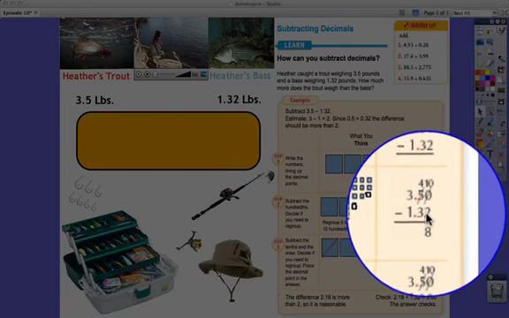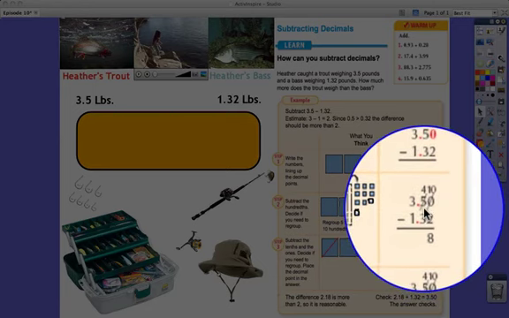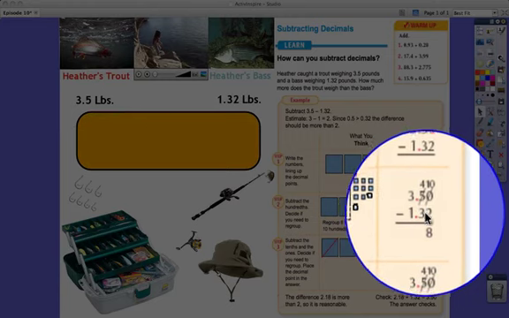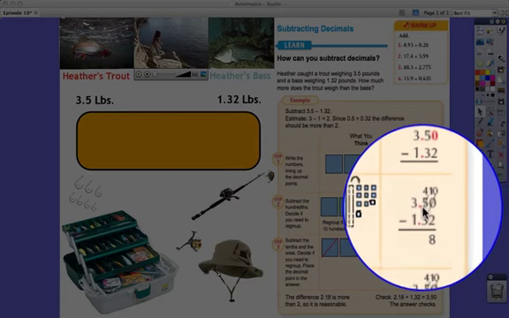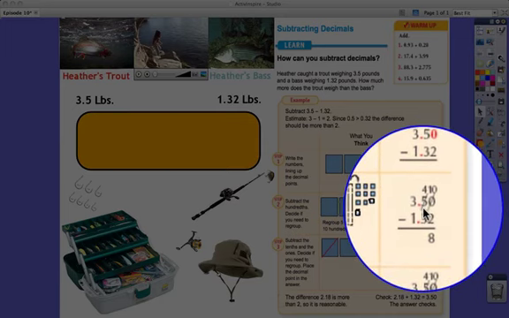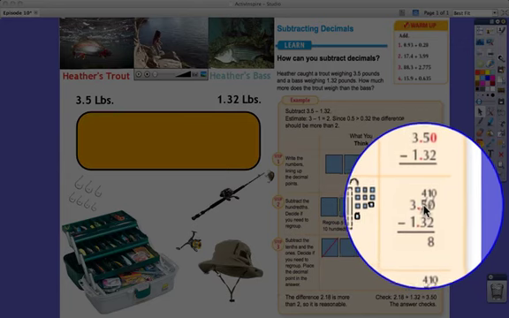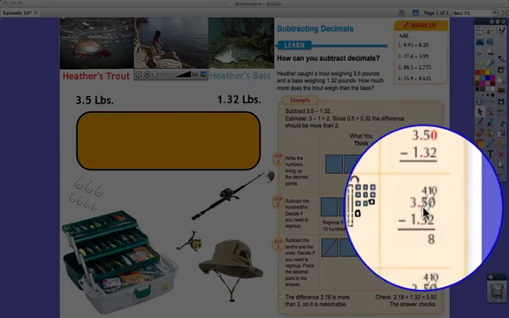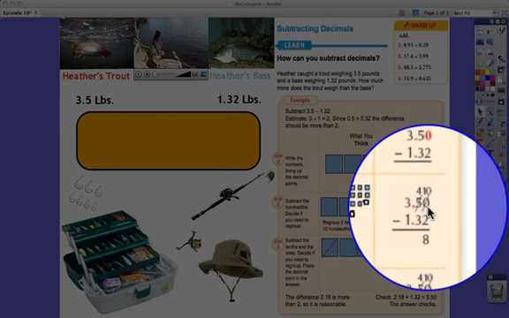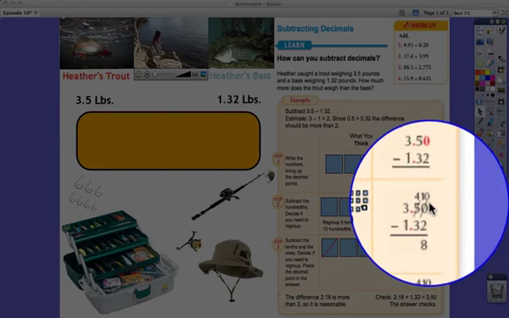So we want to regroup the tenths place, the 5. It's like when we borrow. You understand when we borrow? We can't take 2 from 0, so we'll borrow 1 from the 5 in the tenths place. If we borrow 1, it becomes 4, and that 1 we now give to the hundredths place. Now you see a 10 above here.